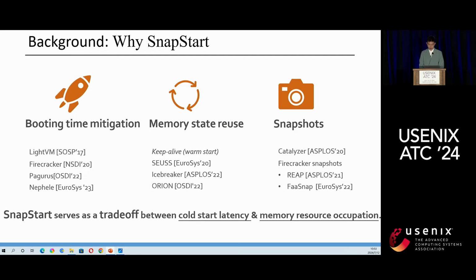As we all know, keeping an instance always alive has low cold start delay, but occupies a lot of memory resources. Reducing booting time has limited effect. So SnapStart serves as a trade-off between cold start delay and memory resource occupation. It enables near-instant responsiveness to incoming requests while having a minimal memory footprint.